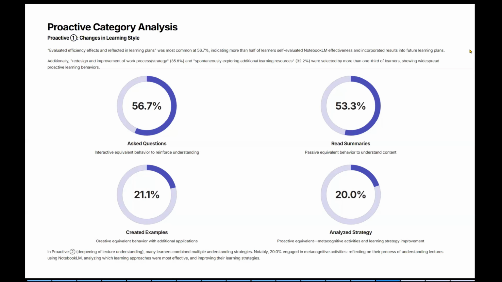For metacognitive activities, 20% analyzed their own learning strategies. They reflected on which approaches worked best. The old PICRAT model could not capture these behaviors.